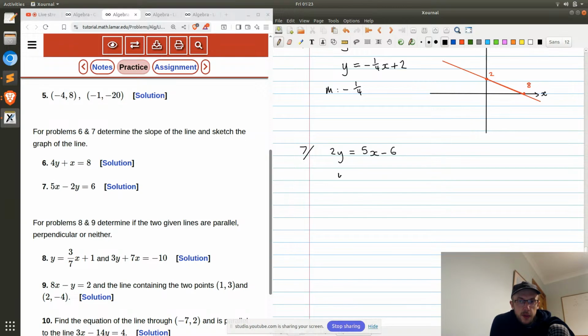And then I'm going to divide both sides by 2. And there you go. And they asked me for the slope. And there it is. And now we graph it. Y-axis, x-axis.